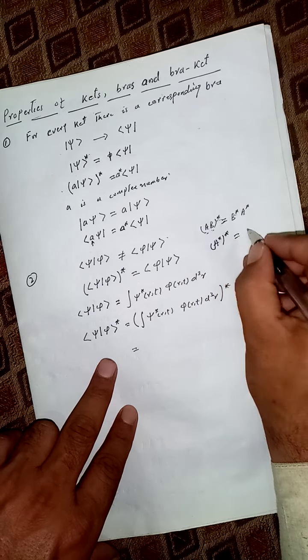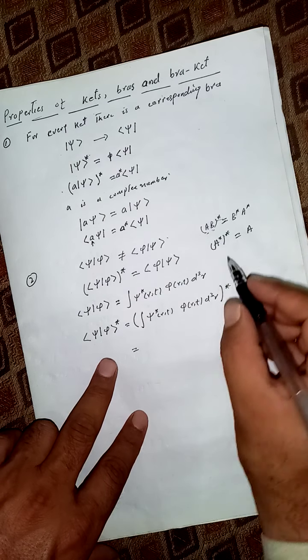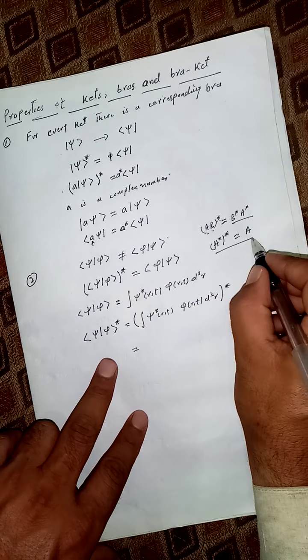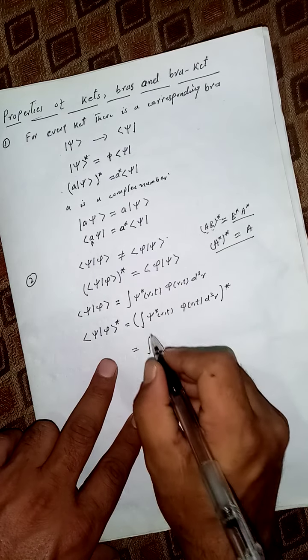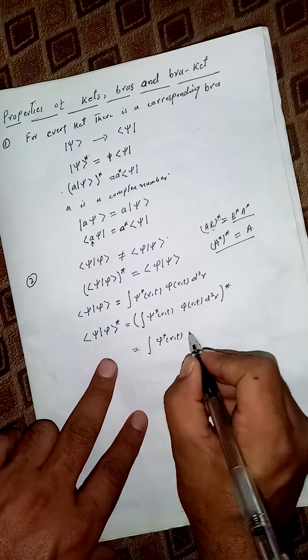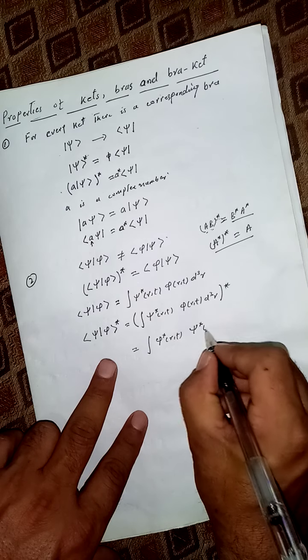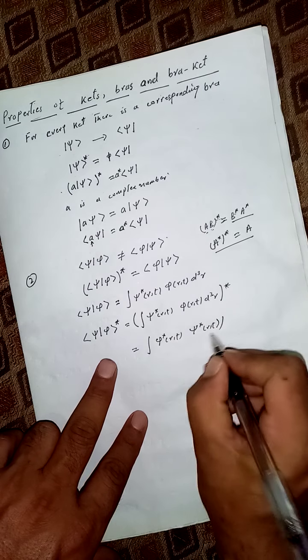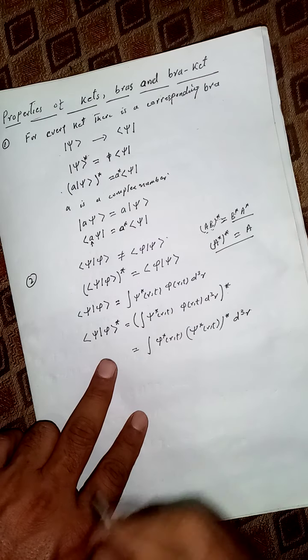The same is true for the functions also, or for the state vectors also. So here I will first apply this property and then I will apply this property. So if I apply this complex conjugate, I will get phi star, psi star. One star is itself and the other stars come from this one, and then d cube r.